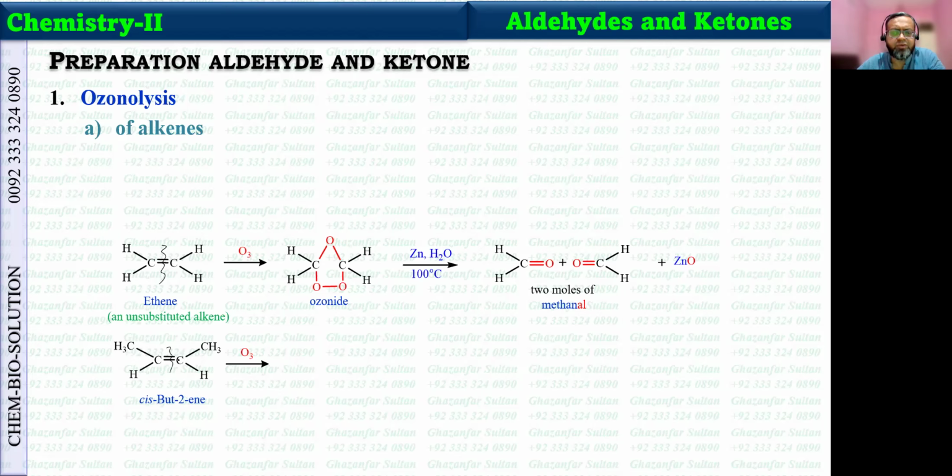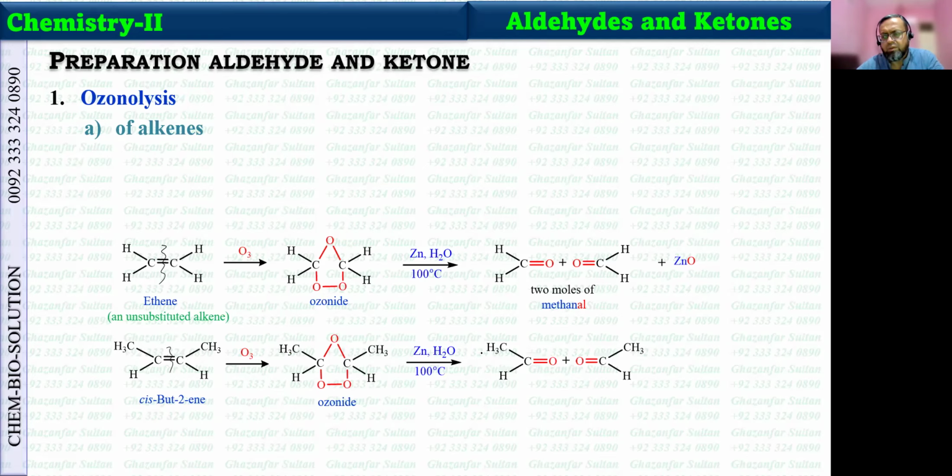That product must have the carbon-oxygen double bond at this position. So it will also produce the same compound, because it is also a symmetrical alkene. This can be divided into two halves. So if it can be cut into two halves, it means this is a symmetrical alkene. So symmetrical alkenes always produce 2 moles of the respective aldehyde or ketone. So just like this, ozonide is formed and 2 moles of ethanal are produced.